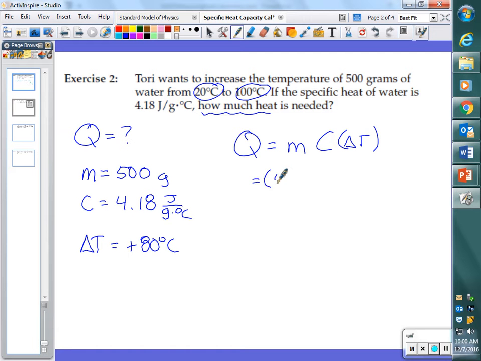So, 500 grams is the mass, specific heat 4.18, and then it's got kind of a crazy unit, joules over grams times degrees Celsius. This is all the unit on specific heat, okay? And then finally, we know that the change in temperature is positive 80 degrees Celsius, okay?